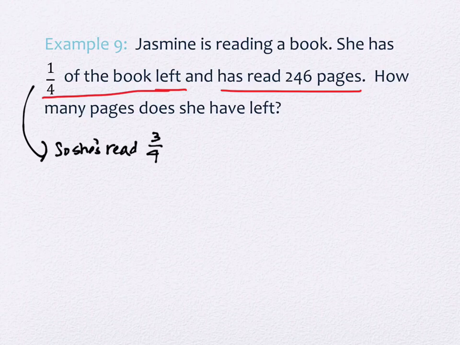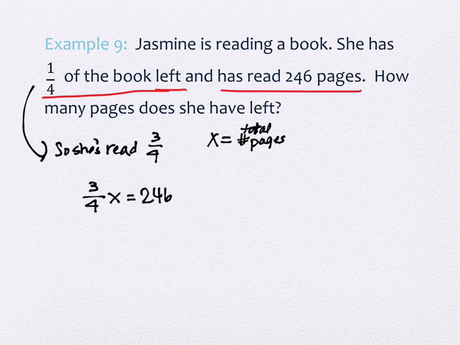That's important. So one way to think about this particular problem, this isn't the only way, and we'll encounter in 6.4 another way to do this, is that she's read 3/4 of the book. So if X is the total number of pages, then 3/4 times X would be the 246.